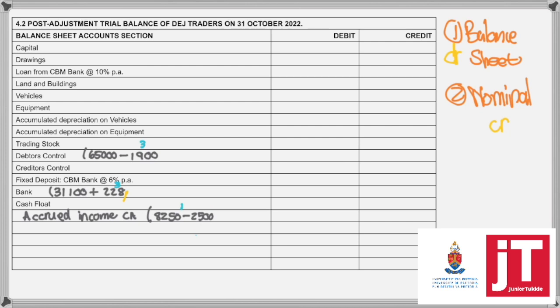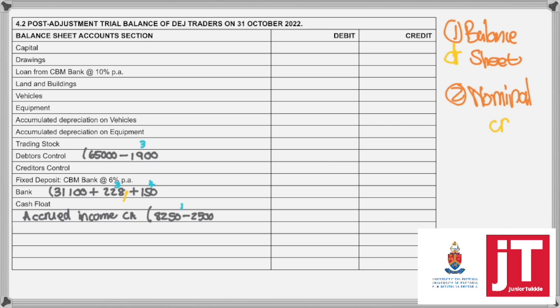Adjustment number 4 is a debtor that was previously written off that is now paying money. So that is 150 Rand into our bank account. That's the debit in the balance sheet section, and the credit will then be in bad debts recovered in the nominal section.